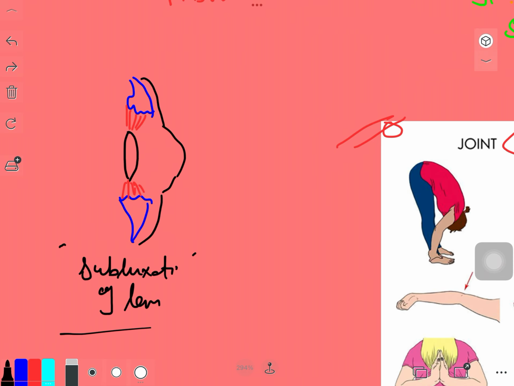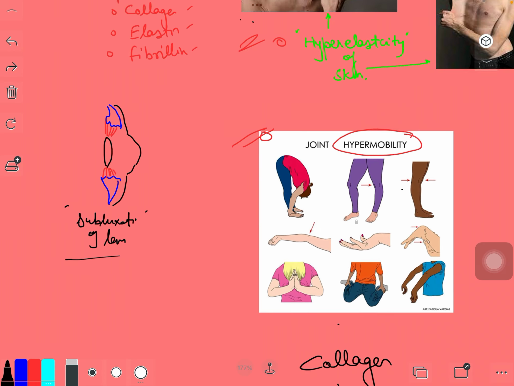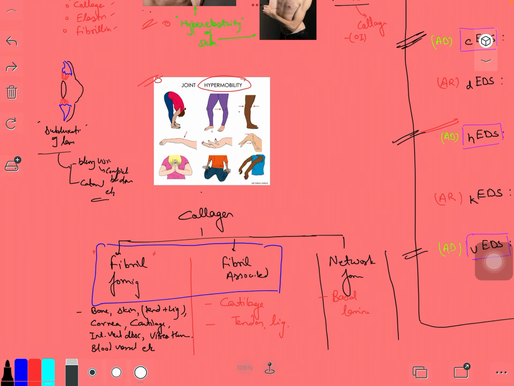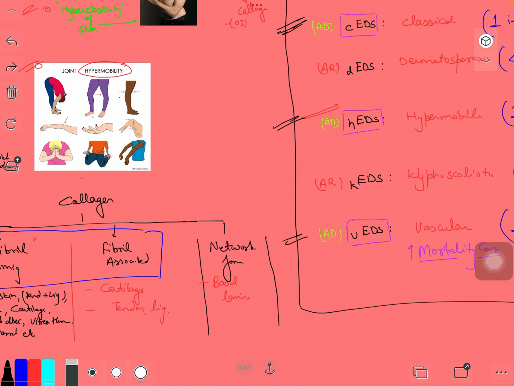The patient can even go blind. Once the lens gets subluxated, it can even get cataract. So subluxation of the lens will have its manifestations: blurry vision to complete blindness. Then the patient can have cataracts, etc. So these are some important clinical features.